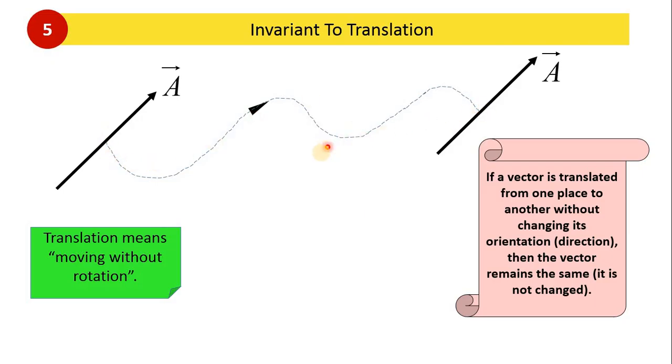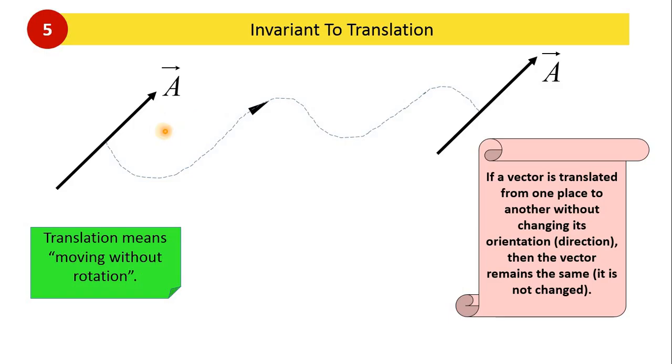Definitely it will have same magnitude and same direction. So they must be the same vector only. So if a vector is translated from one place to another without changing its orientation or its direction, then the vector remains the same. It is not changed. That is the meaning of invariant.